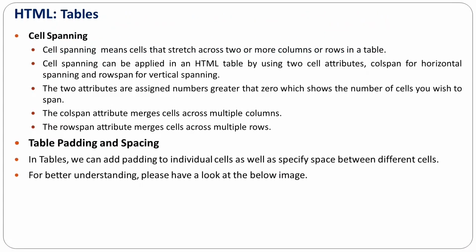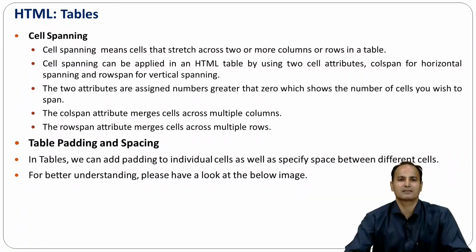So let's first understand what cell spanning is. Cell spanning means cells that stretch across two or more columns or rows in a table. Cell spanning can be applied in an HTML table by using two cell attributes: colspan for horizontal spanning and rowspan for vertical spanning.